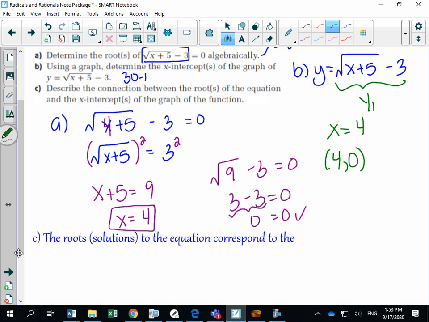So the roots or solutions to the equation correspond to the zeros or the x-intercepts, right? So that word roots, zeros, x-intercepts, they're all used interchangeably. So the roots or solutions to the equation correspond to the zeros or the x-intercepts, I should add, of the graph.